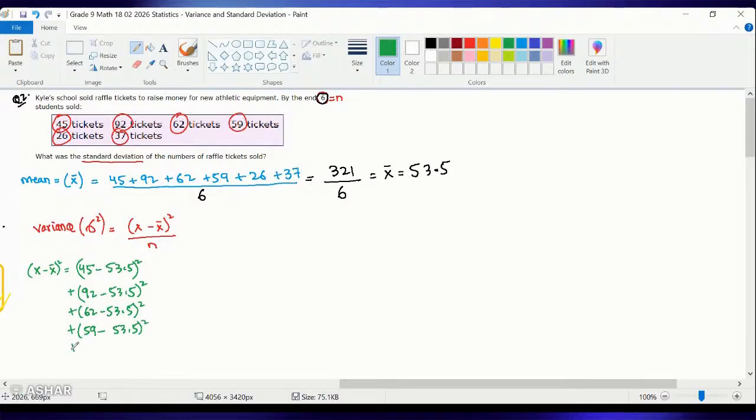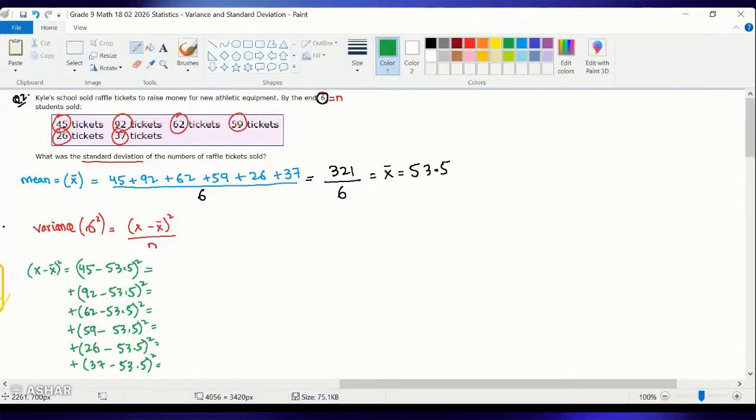It does not make any difference if you do horizontal working or vertical working. 26 minus 53.5 squared. And the last one would be 37 minus 53.5 whole squared. Let's try to find the answer for each of them, and then we'll add them together.